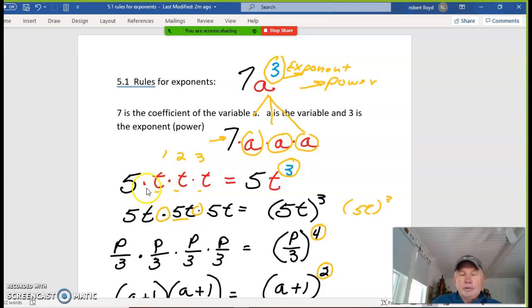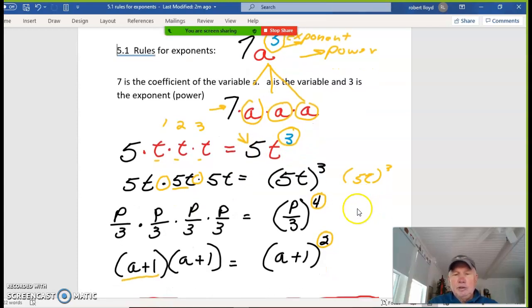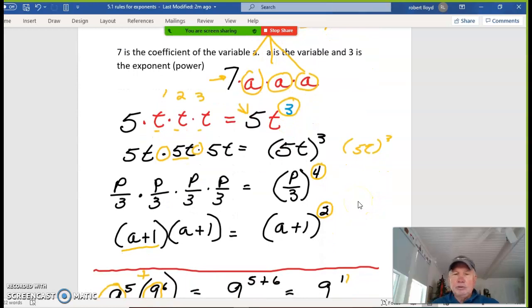So another example, if we had 5 times t times t times t, there would be 3 t's. They're multiplied, so that would be t to the third power, and the 5 again is the coefficient. So when we move on, notice where the multiplication sign is.